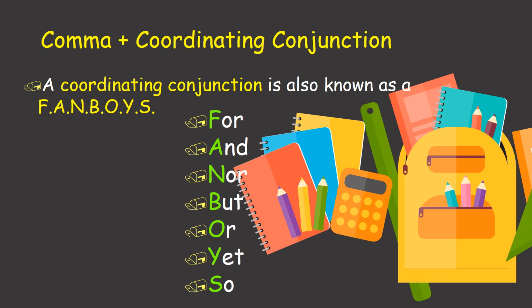For, and, nor, but, or, yet, so. You can use these to help you remember the 7 coordinating conjunctions when you have two independent clauses joined by one of these coordinators. But children, you have to remember a comma is required before the coordinator.